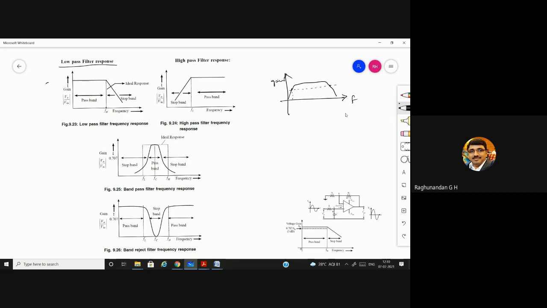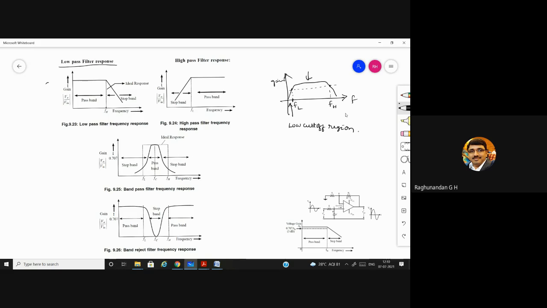We called this the lower cutoff frequency and this the upper cutoff frequency. This is FL and this is FH, and the region from 0 to FL is known as the lower cutoff region.